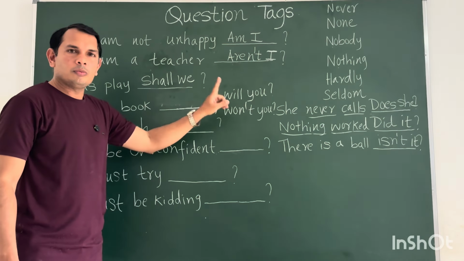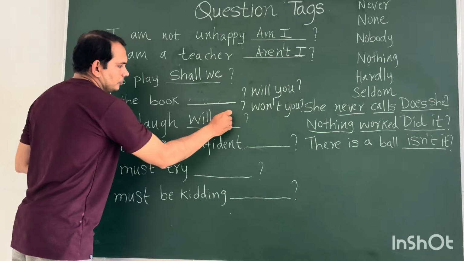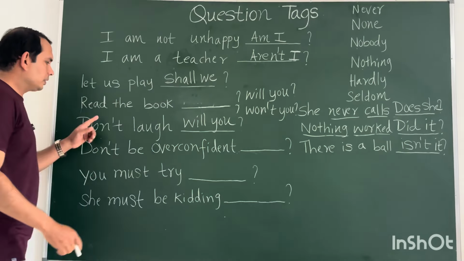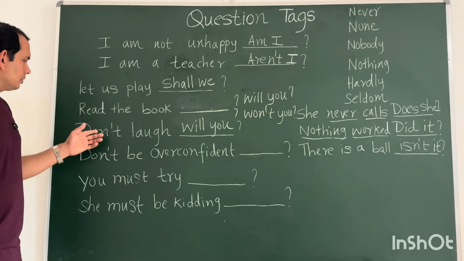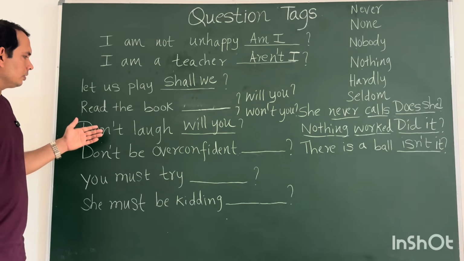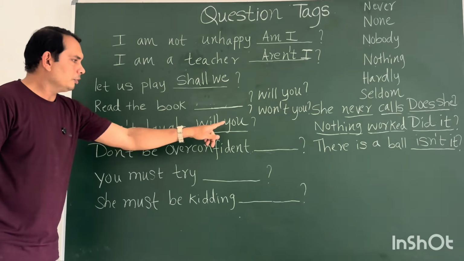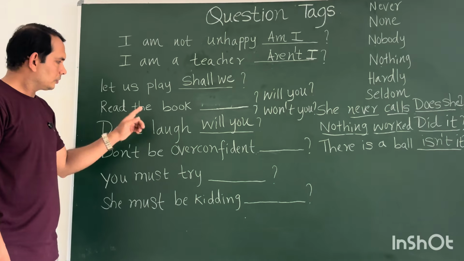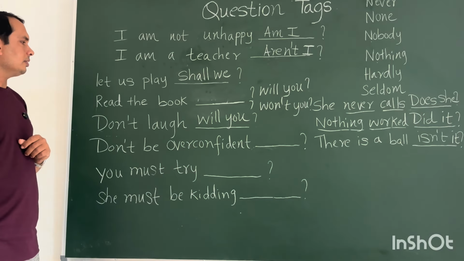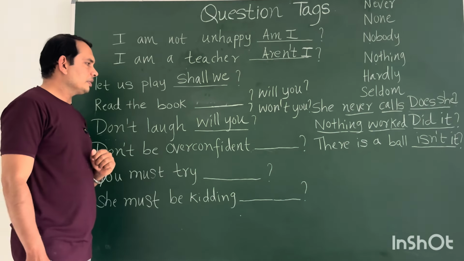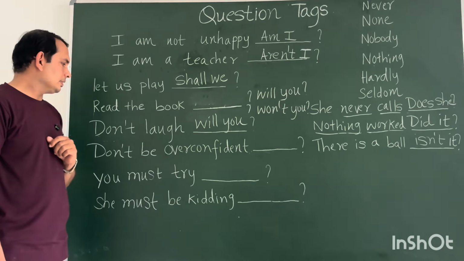Let's go to the next example. Don't laugh. To this, the question tag is will you. When you get questions like this, I can give you more examples. Don't go. Will you? Don't touch it. Will you is the answer. Will you is the question tag to such sentences.